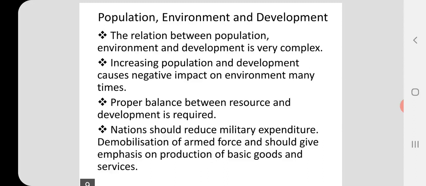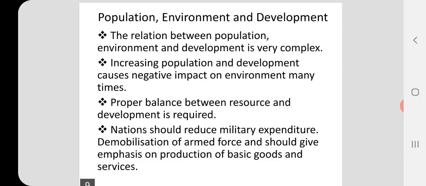Next, a proper balance between resource and development is required. So to overcome these problems, the gap between supply and demand of resources, we have to maintain the proper balance between resource and development. Next, nations should reduce military expenditure, demobilize armed forces, and give emphasis on production of basic goods and services.